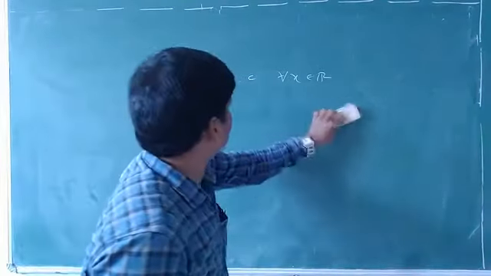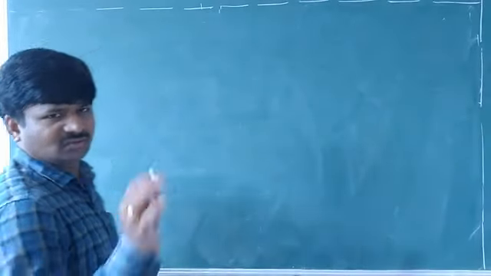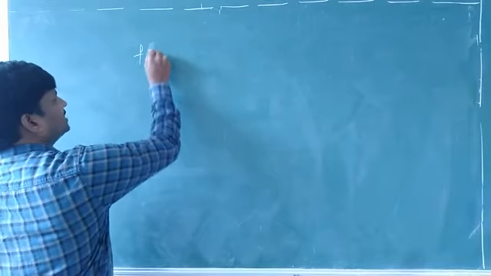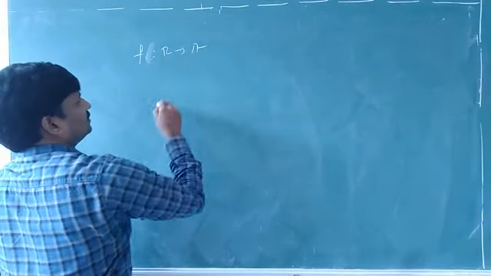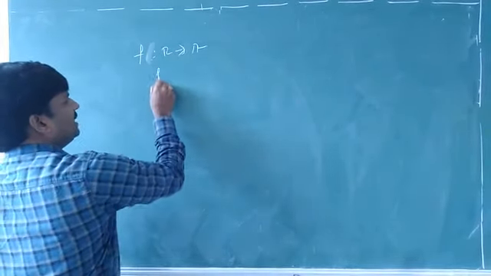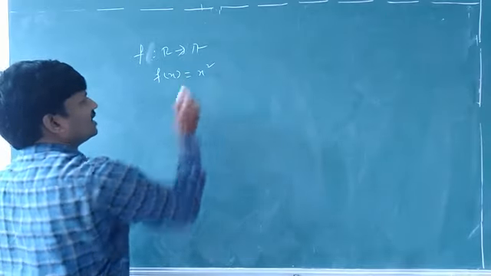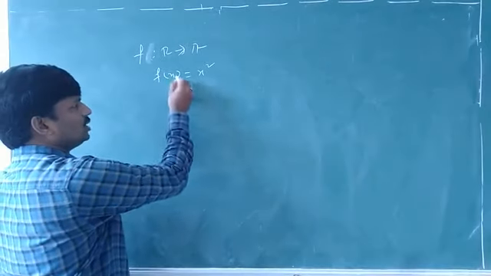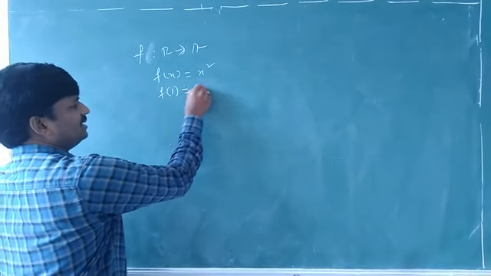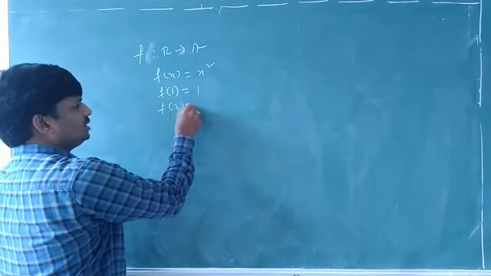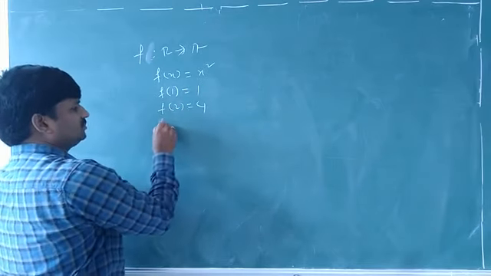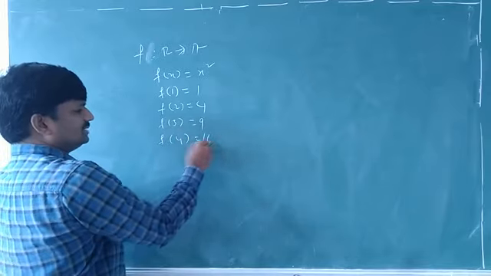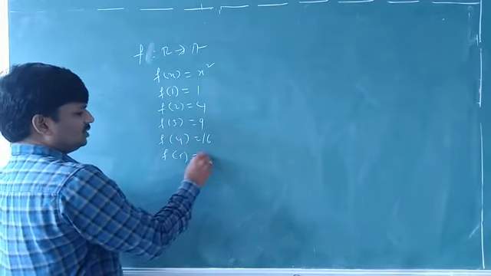I already told you yesterday, I had explained about this one. Suppose f is a function from R to R defined by f of x is equal to x square. If you take x values 1, 2, 3 and so on, what will you get? f of 1 is equal to 1. f of 2 is equal to 4. f of 3 is equal to 9. f of 4 is equal to 16. f of 5 is equal to 25.